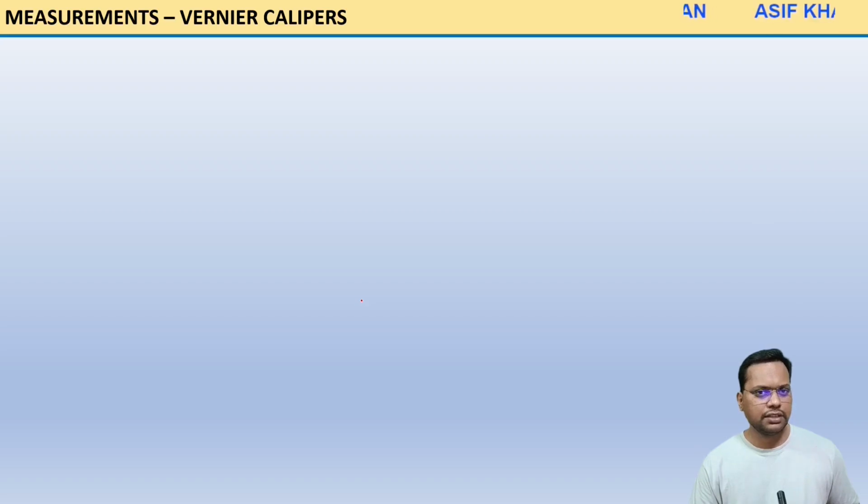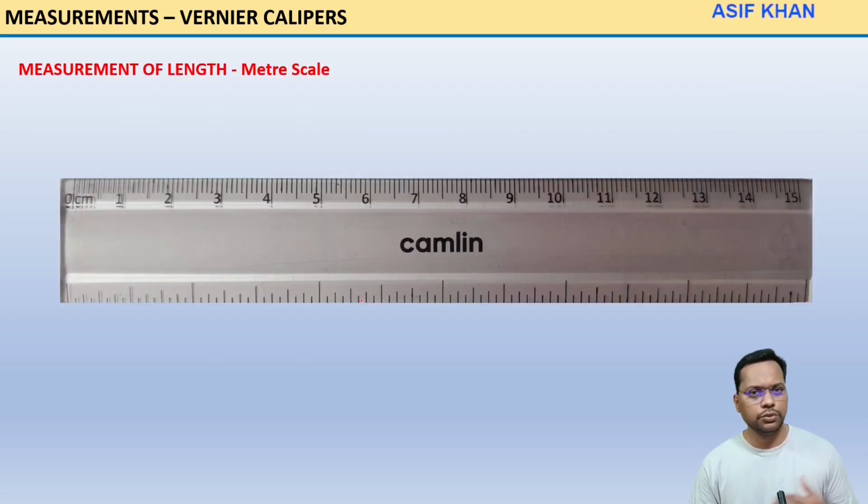So if you look at the same 1 meter scale that is used in the laboratories, it consists of 100 divisions. That is, the 1 meter consists of 100 divisions. One division is equal to 1 centimeter, and again the 1 centimeter is divided further into 10 parts, and each part is of 1 millimeter.